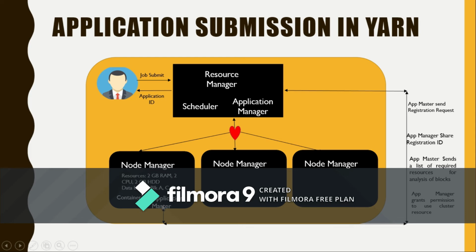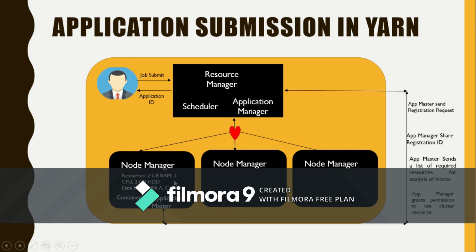Now application master informs node manager to create more containers to complete this processing. So first container number 0 is created by application manager, and the rest of the required containers will be created by node manager.